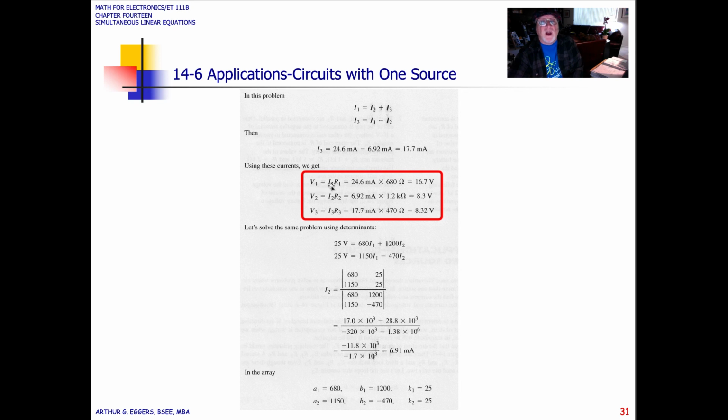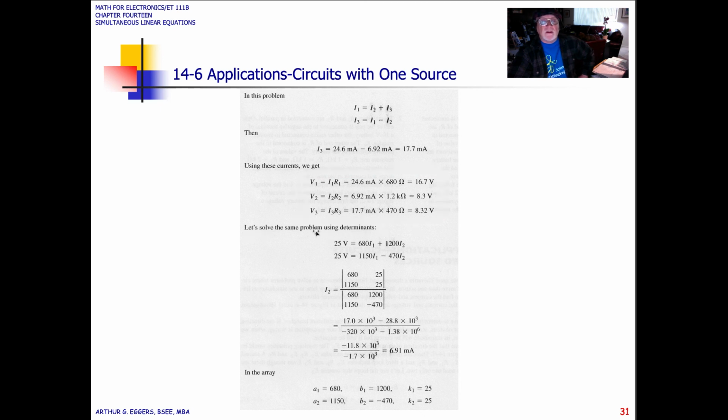The voltage drop for 1, IR, is equal to 16.7. Voltage drop 2, IR, is equal to 8.3. Voltage drop across V3 or resistor R3, IR, is equal to 8.32. So we can solve then for each of our voltage drops at this point.